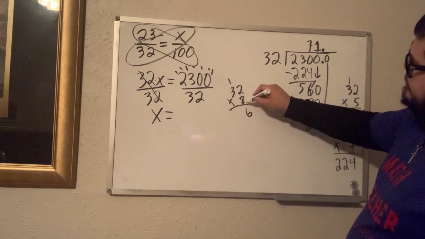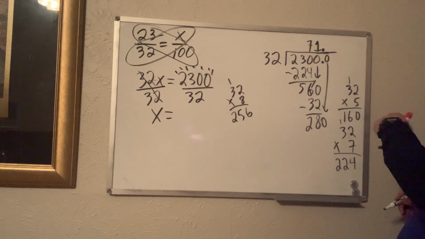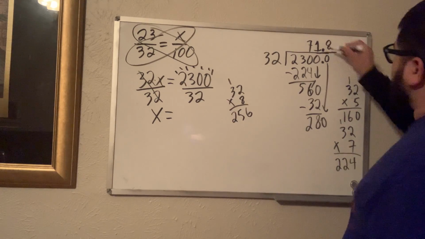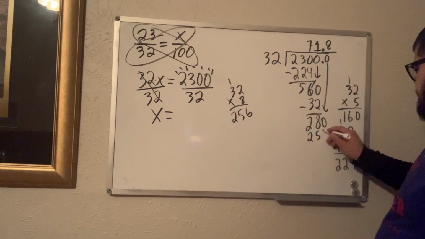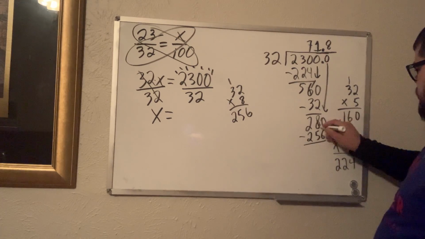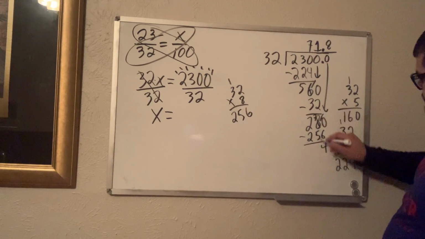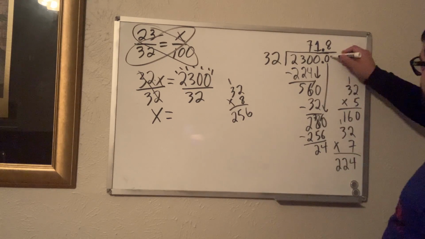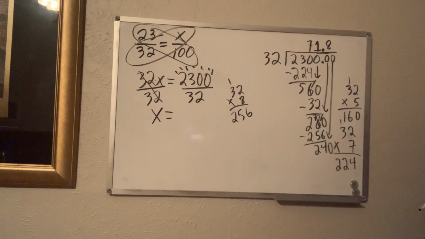Carry my 1. 24 plus 1, that's 256. If we add another 32, it's going to be over 280, so we're good at 8. 32 times 8, we said 256. Borrow from the 8, make it a 7. 10 minus 6, we get 4. 7 minus 5, we get 2. Bring down another 0. We're trying to get to where we can look at this thing.